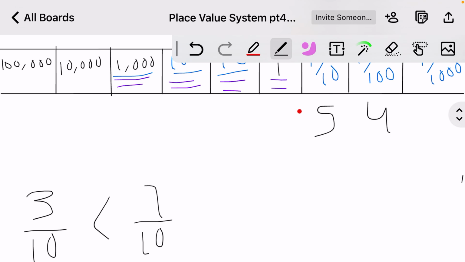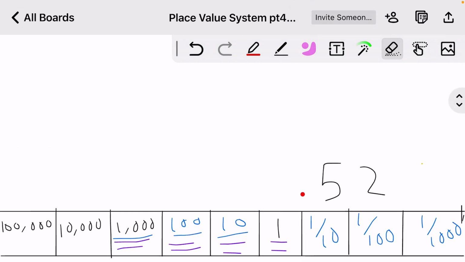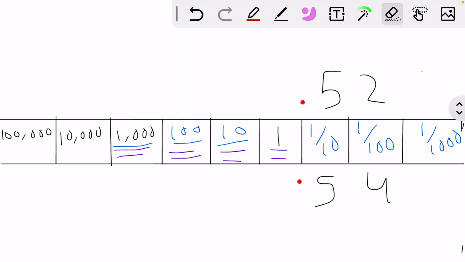Unlike our previous example, these two decimals start off the same. They both start off with 5, so the tenths place has equal values for these two decimals.